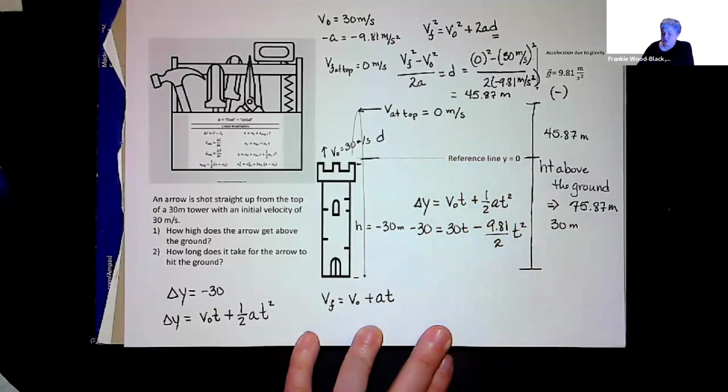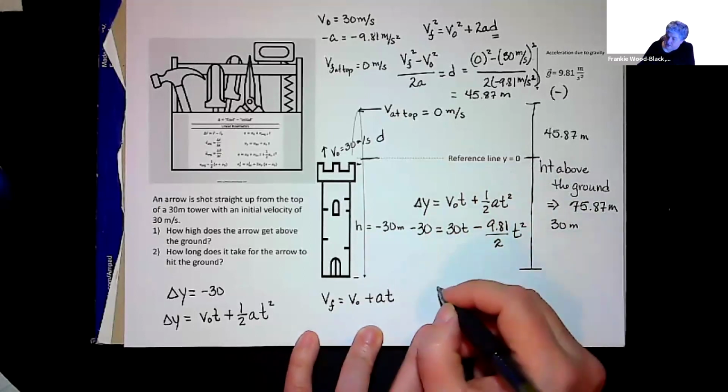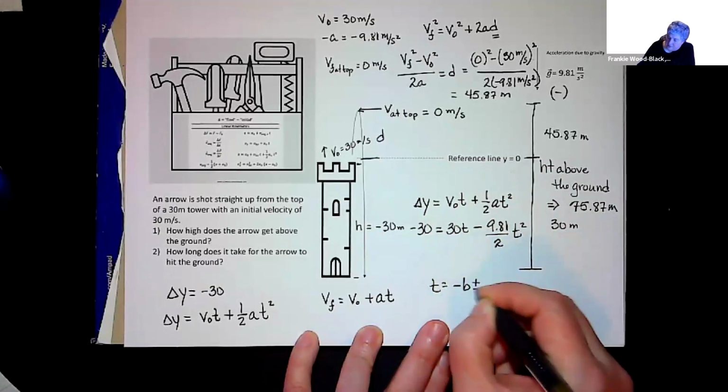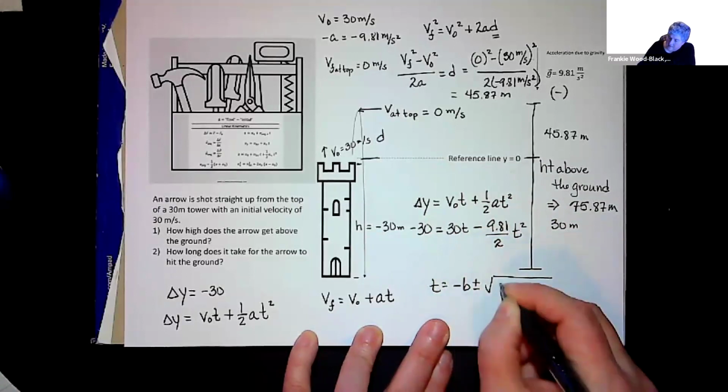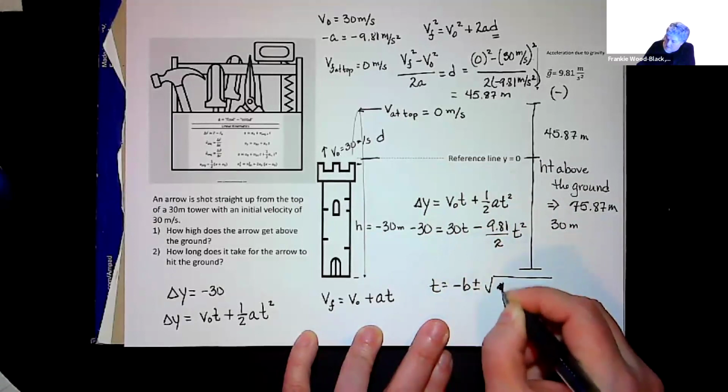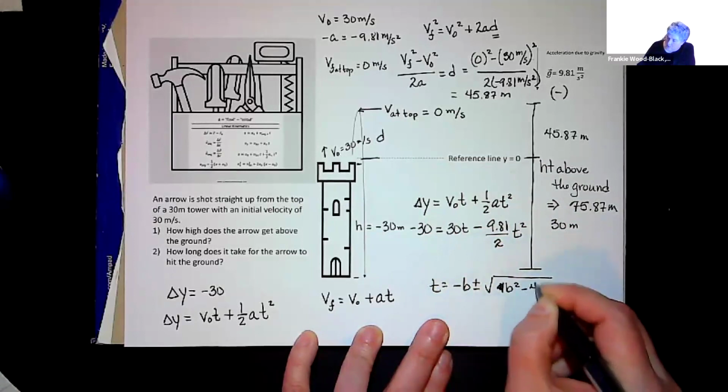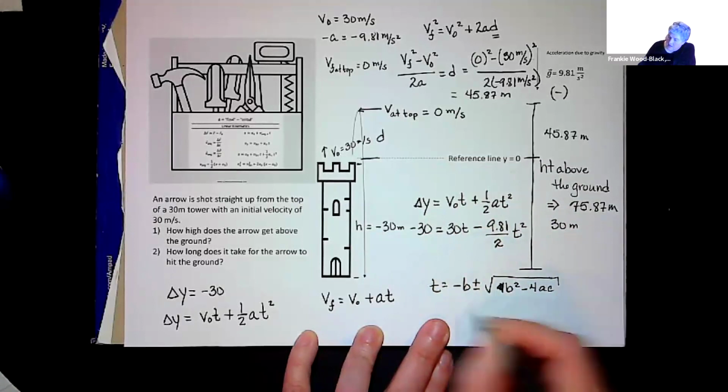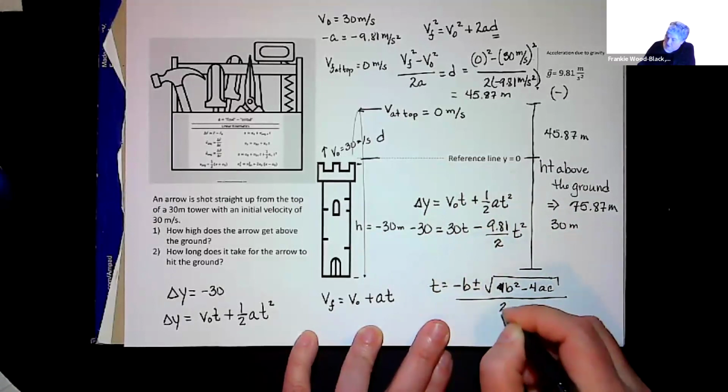And then I can do my quadratic equation, so I can do t is equal to minus b plus or minus the square root of b squared minus 4ac, divided by 2a.